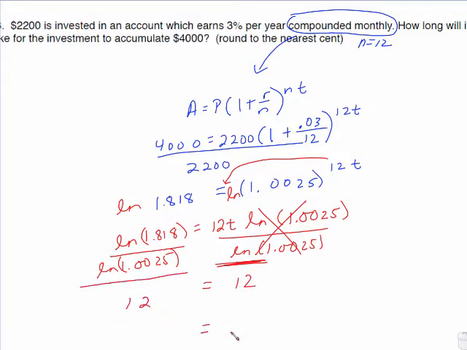So you have this big complex fraction over here on the right side, and that's exactly what you can enter on the graphing calculator. ln parentheses 1.818, close your parentheses, divided by ln 1.0025 divided by 12, and this works out to be 19.95 years.